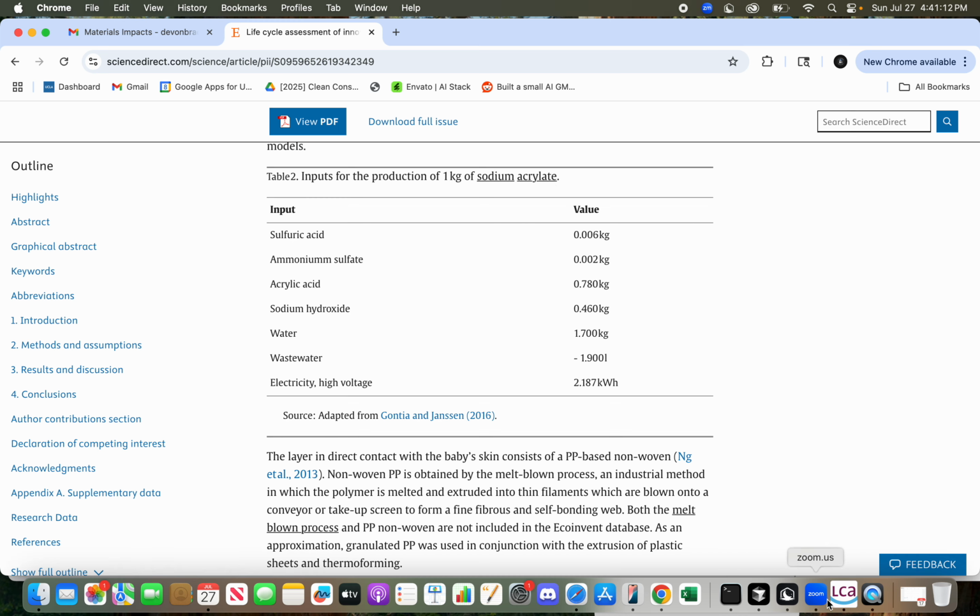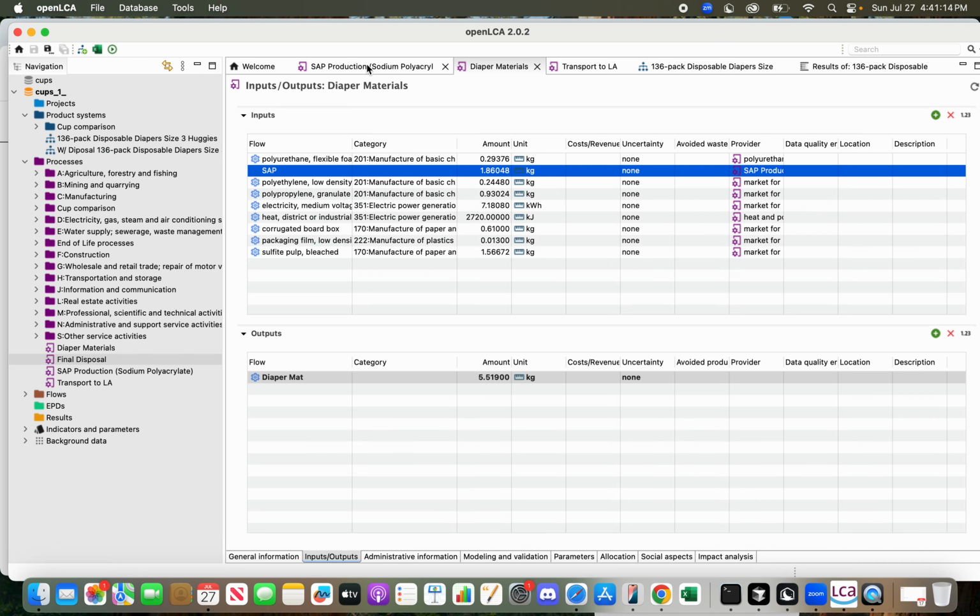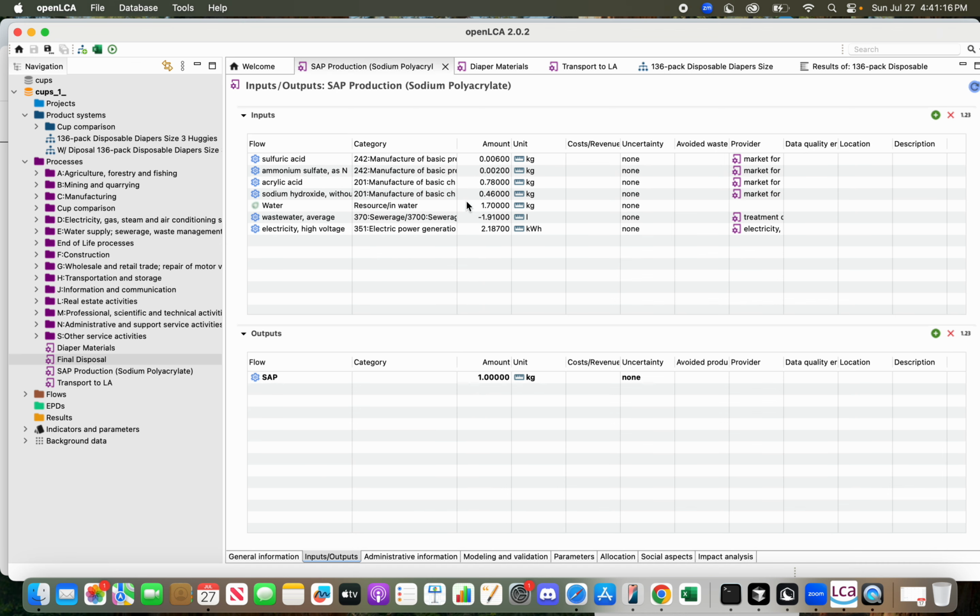So all these values here, I just took into OpenLCA, created a process, and inputted those materials. So that was how I was able to add 1 kilogram of SAP into my life cycle analysis of the diaper. And I'll come back to this later since there's an interesting comparison between this calculation for SAP versus Dayrise.